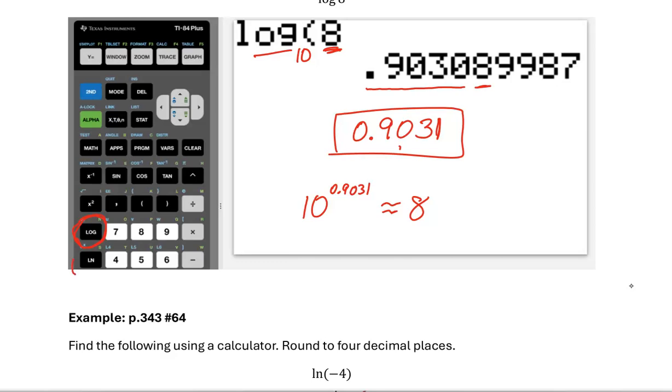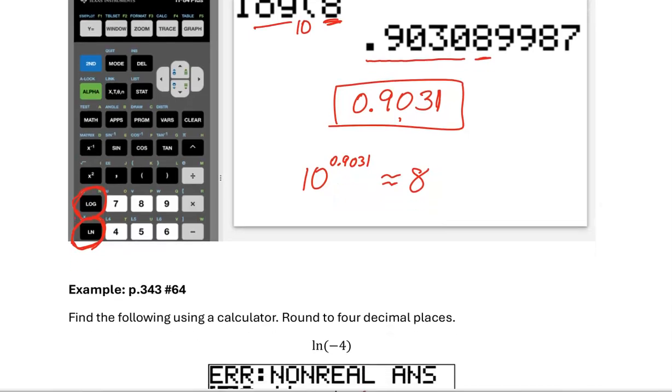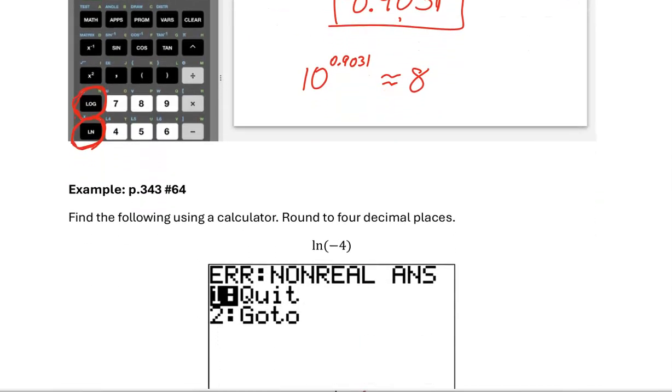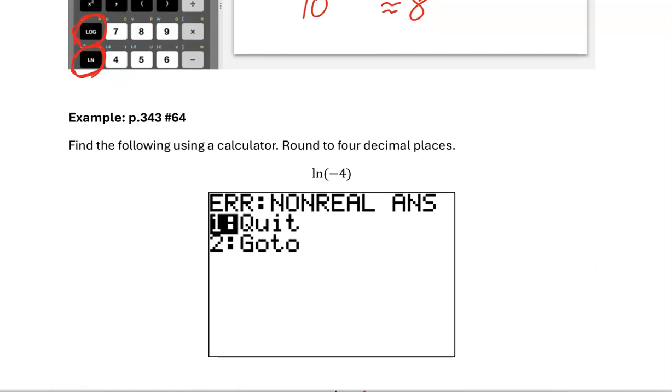And also, I was going to point out right underneath that is the ln. Log with a natural base, log base E. So for number 64, when I tried to type this into my calculator, I typed in LN, I think on the screen it would just show a lowercase ln, and then I put -4 in.